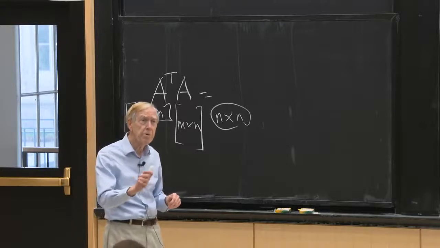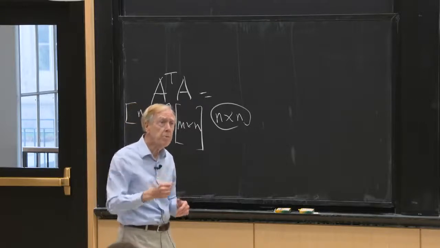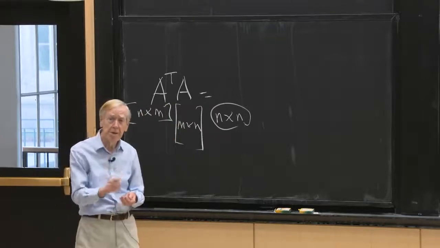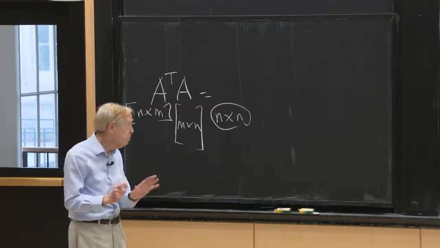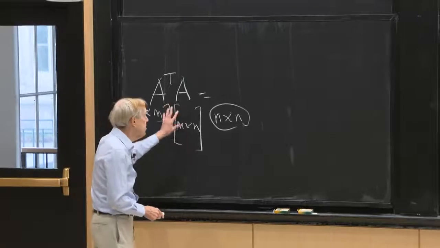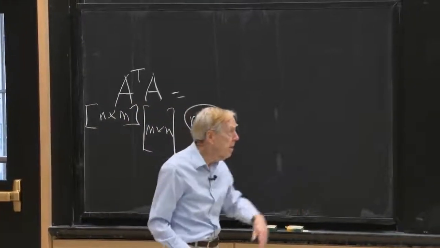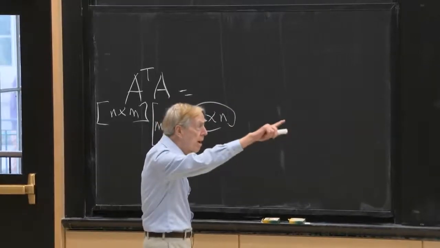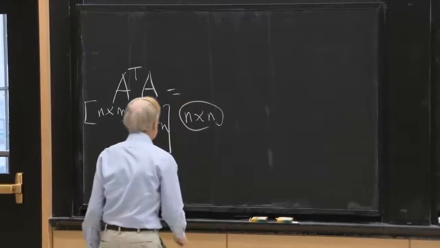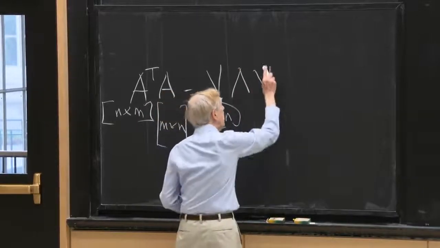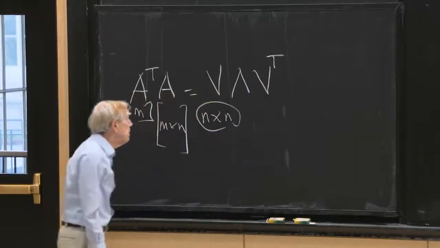Its eigenvalues are greater or equal to 0. And that will mean that we can take their square roots. And that's what we will do. So A transpose A will have a factorization. It's symmetric, so it'll have a Q lambda Q transpose, but I'm going to call it V lambda V transpose.